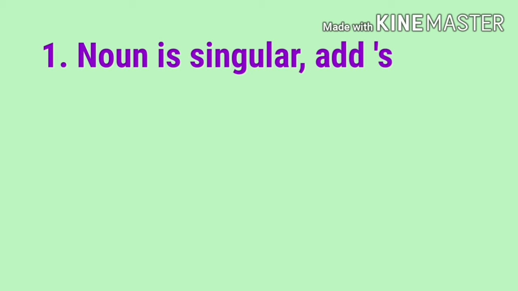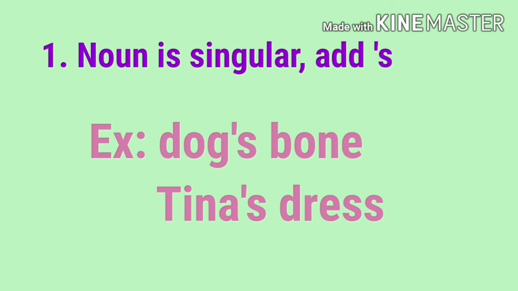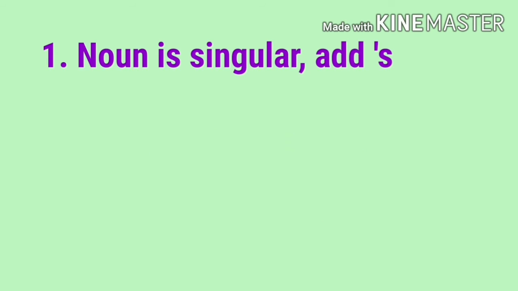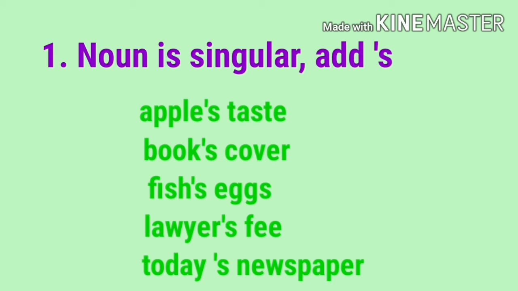The example, dog's bone. Dog is a singular noun, so we add apostrophe s to show the possession. China's dress. Whose dress? China's dress. Singular noun, so we add apostrophe s.